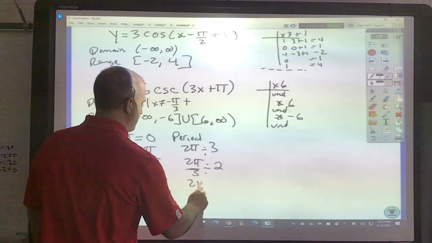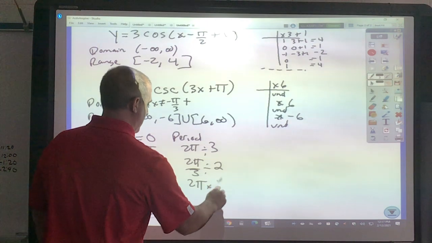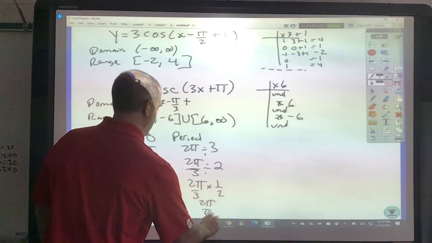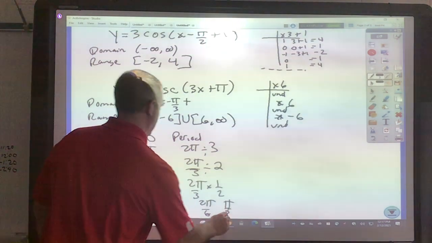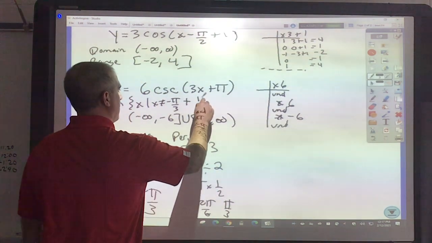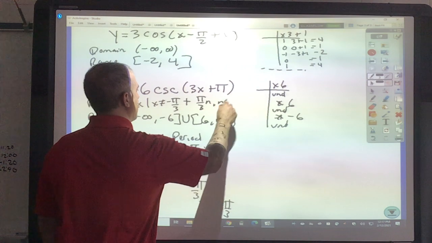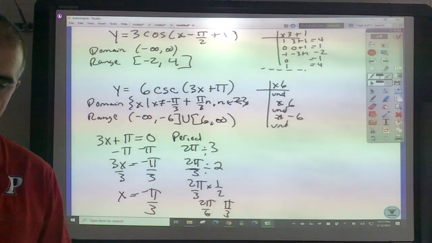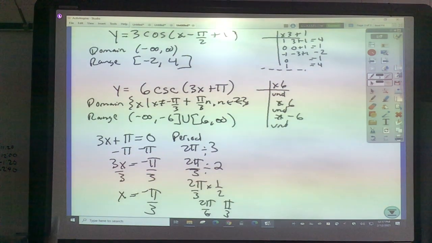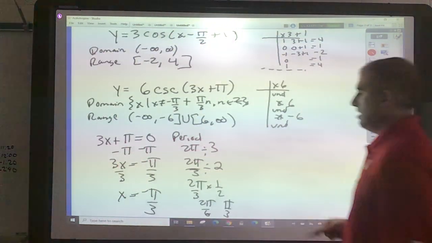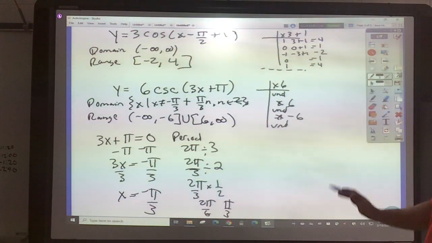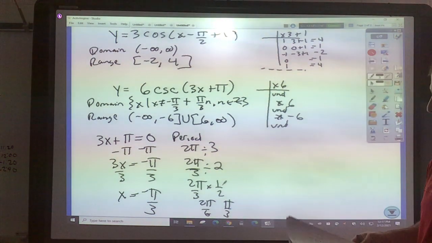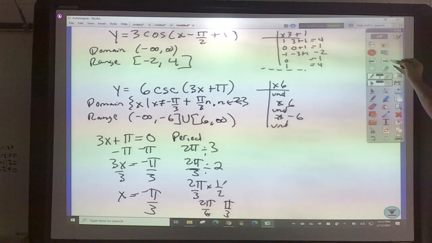So that's going to be 2 pi over 3 times a half, which would be 2 pi over 6, which would just be pi over 3. So plus pi over 3n, where n is an element of integers. So you can go ahead and go with that. So a little bit more work with that. I had to get the period, and then I had to divide the period by 2. So that's sort of how that works.